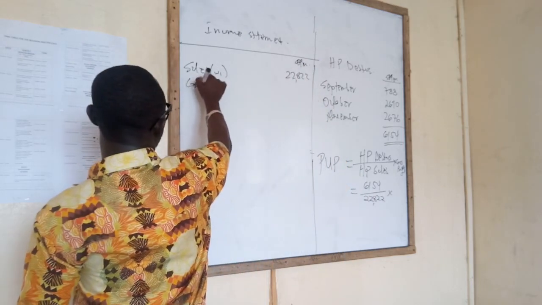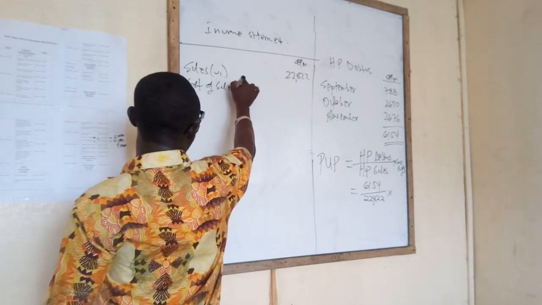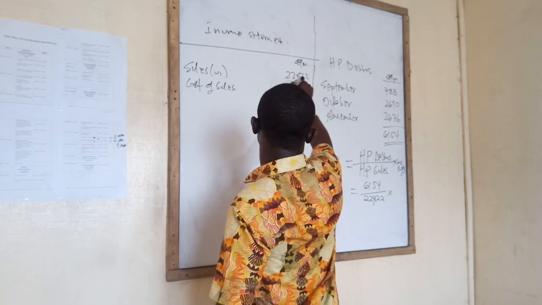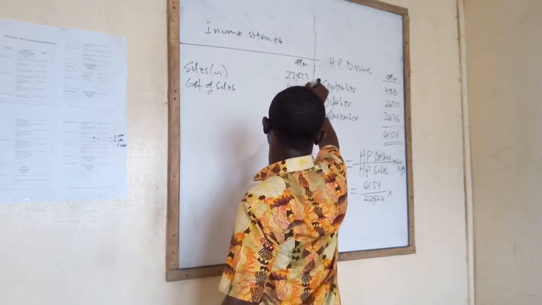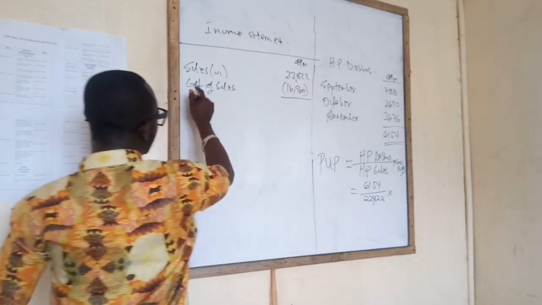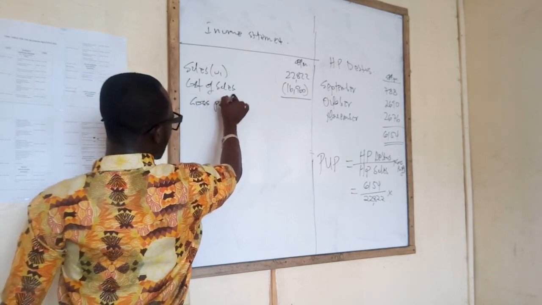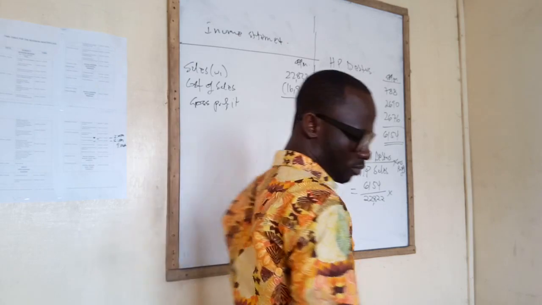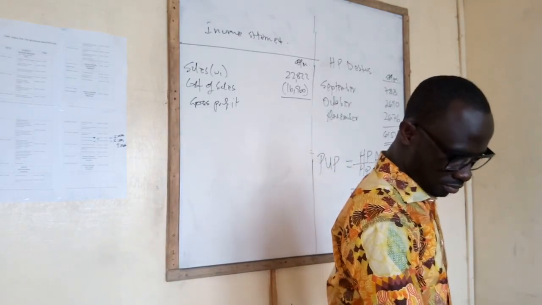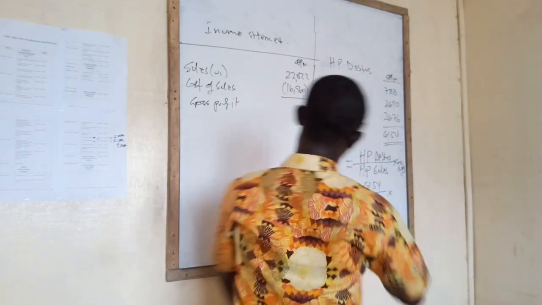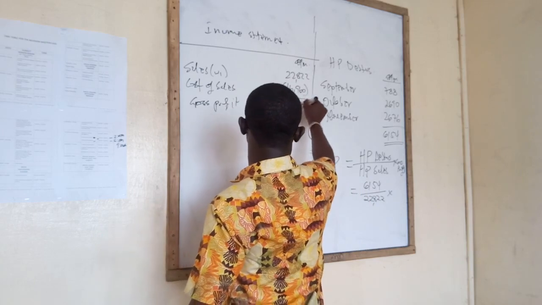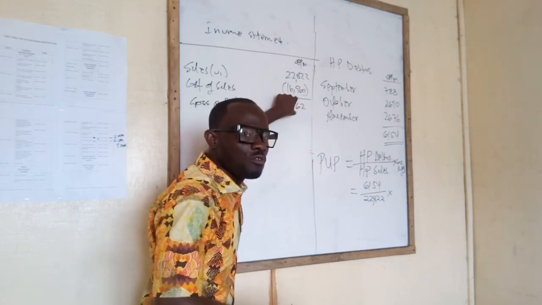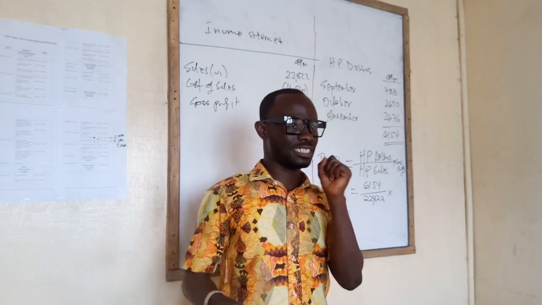Then cost of sales will be the cost price, which you said is 16960. We less it. That gives us the gross profit. What do we have? 5,862.